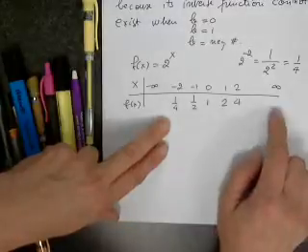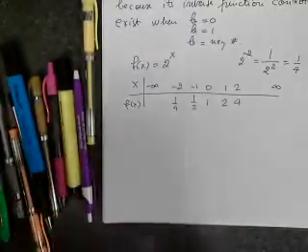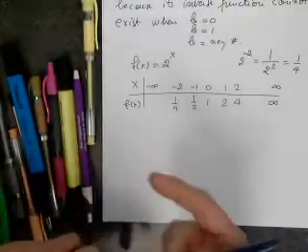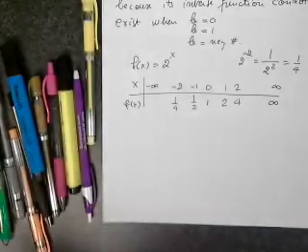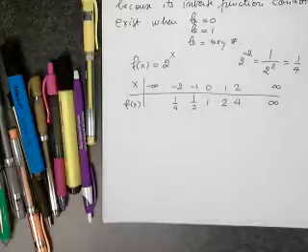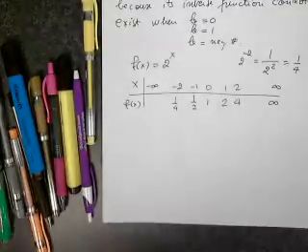Where am I going? Absolutely. Now let's go this way. 1 over 2, 1 over 4, 1 over 8, 1 over 16, 1 over 32, 1 over 64, 1 over 128.